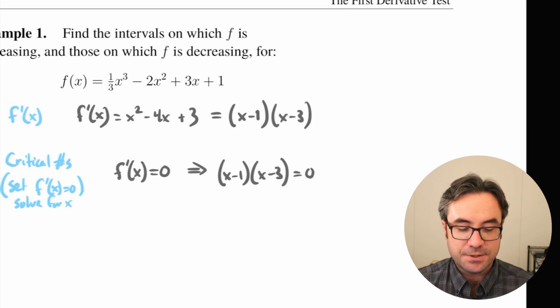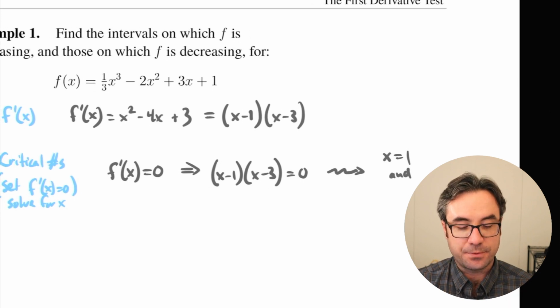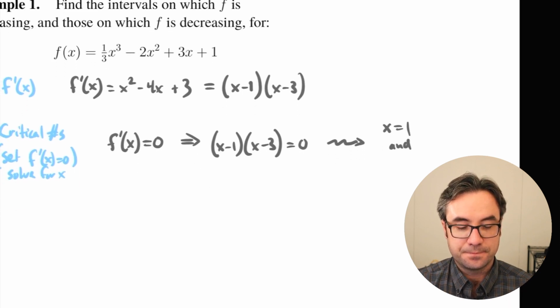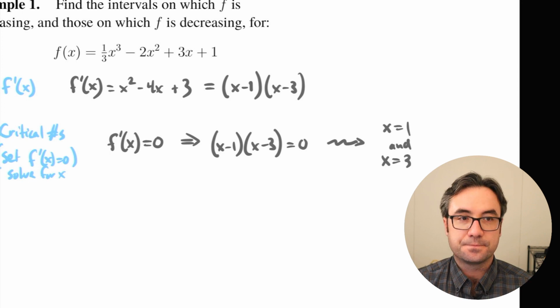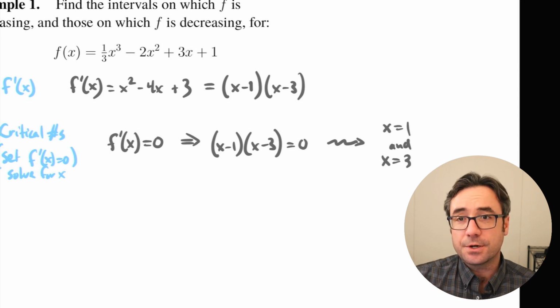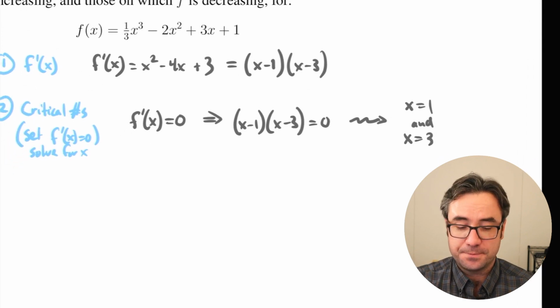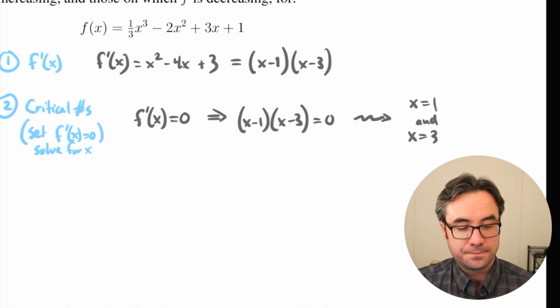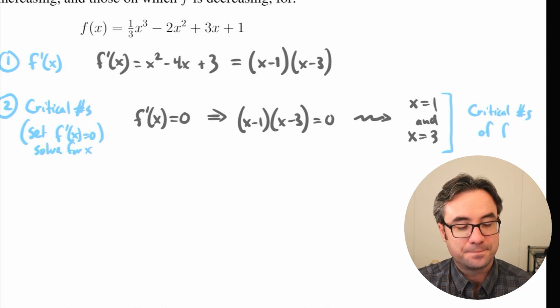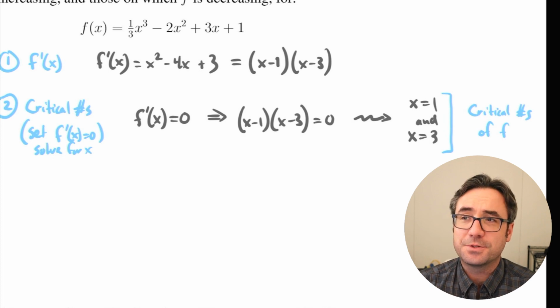And when we do this, what do we get? We get x equal to 1 and x equal to 3. So those are our 2 critical numbers of our function f.